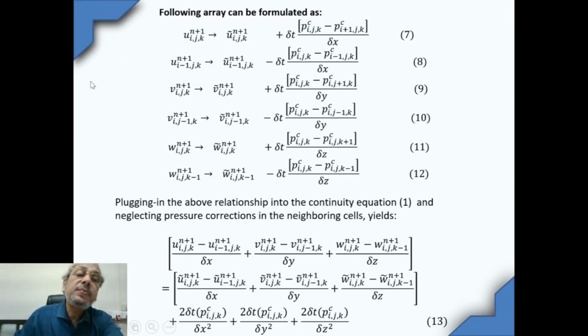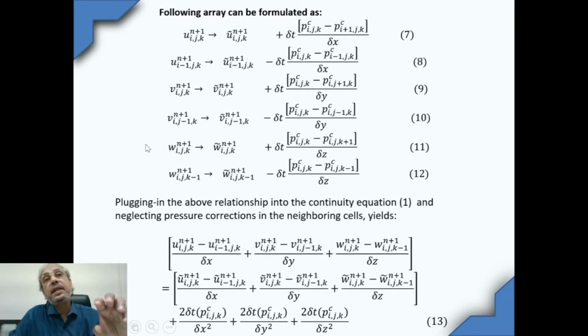So if we consider a cell which has the proper continuity, if you recall that we discussed in the first lecture, since this is a staggered grid arrangement, on the eastern face we will have this velocity, on the western face we will have this velocity, on the northern face we will have this velocity, and on the southern face we will have this velocity, and one of the sides will have this w component of velocity, and just the opposite face of that side will have a w component of velocity defined by this.